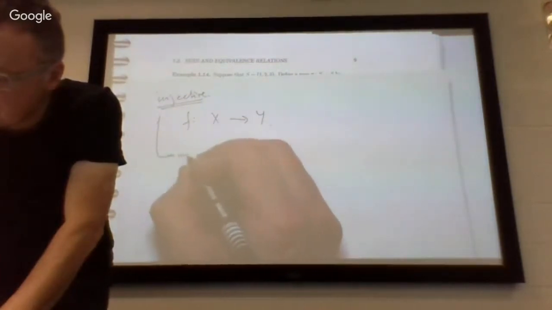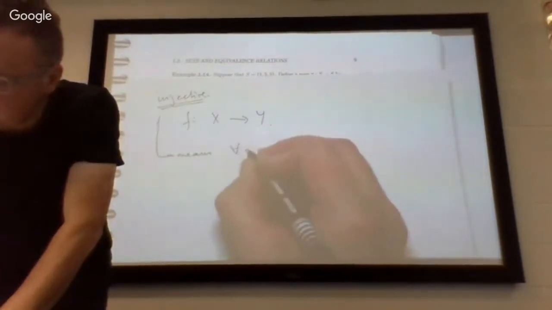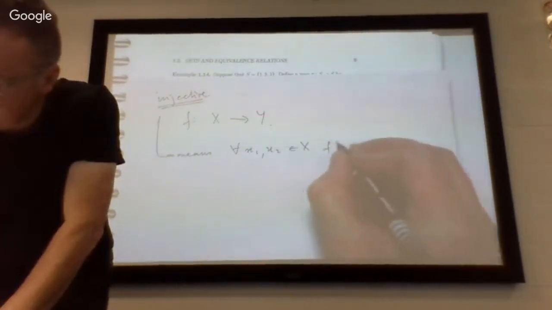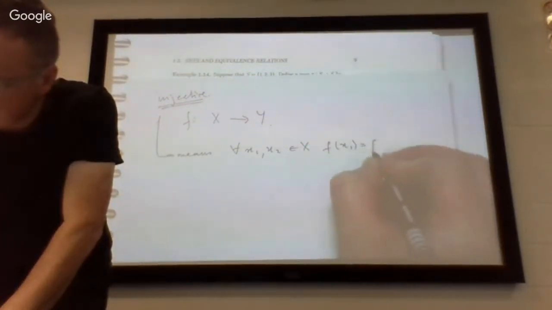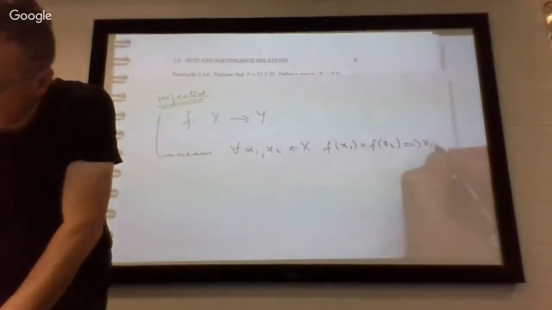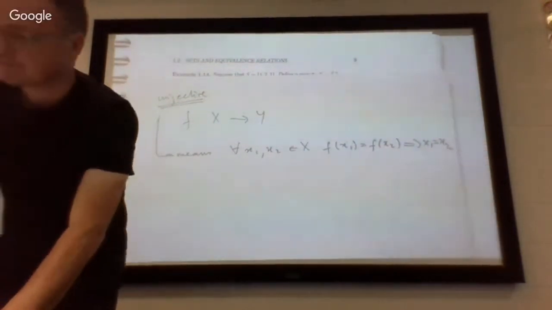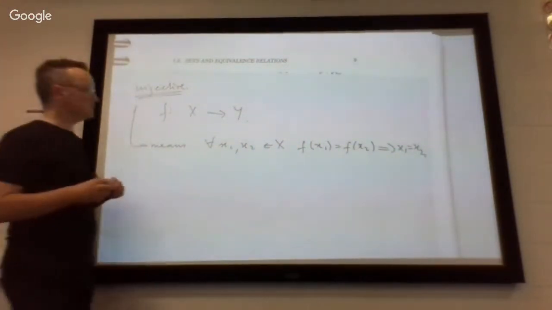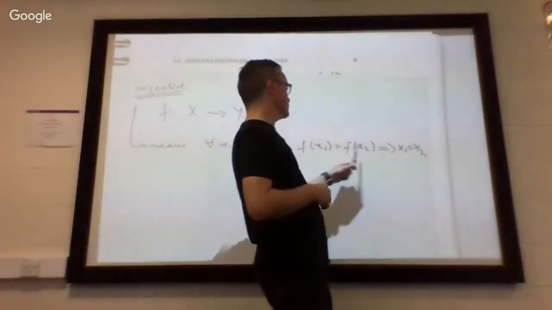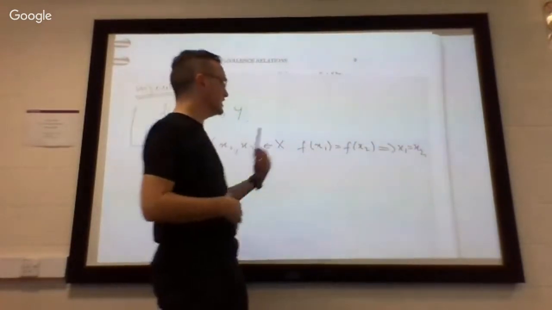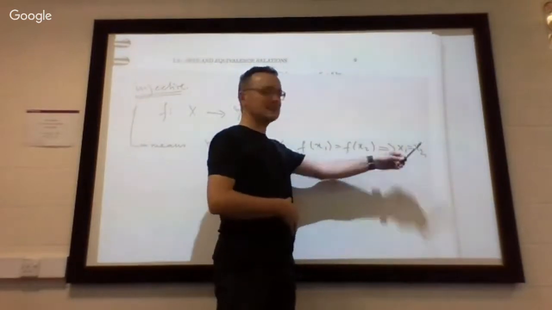This means that for every pair of elements x1 and x2 from X, if f of x1 is equal to f of x2, that implies that x1 is equal to x2. So if your function takes the same value on two potentially different arguments, x1 and x2, the only way that can happen is if, in fact, x1 is equal to x2.